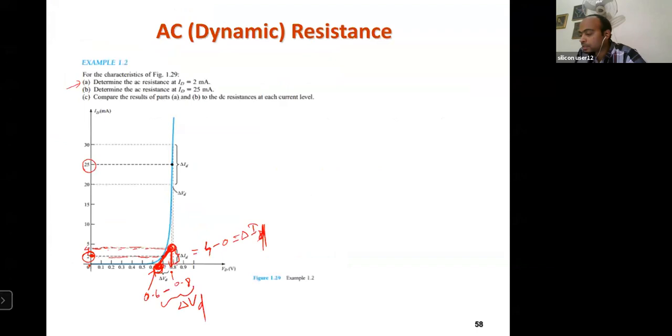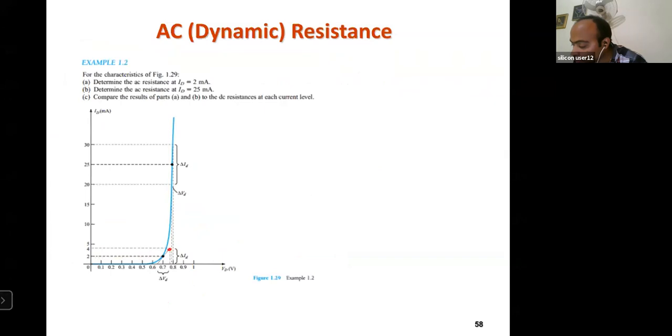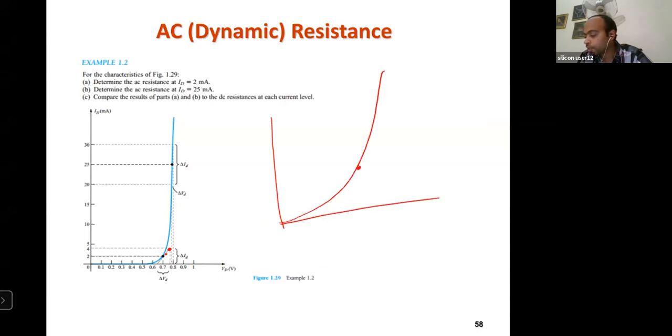My point is that it depends upon you whether you take this point or this point. Here you put a tangent.